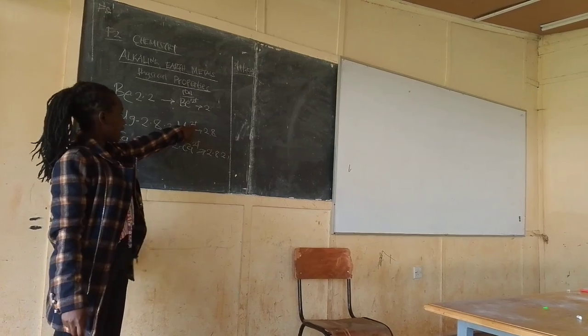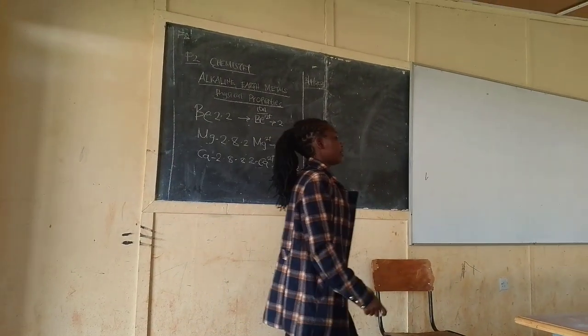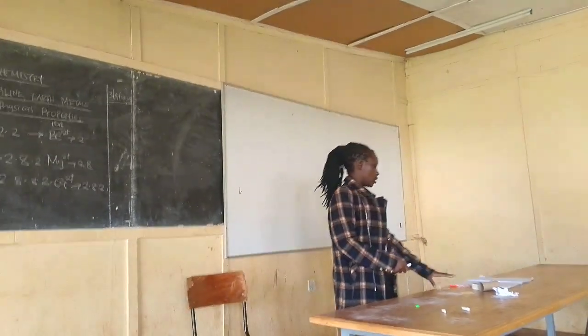The 2 you see here shows the number of electrons being lost in order for the atom to be stable.